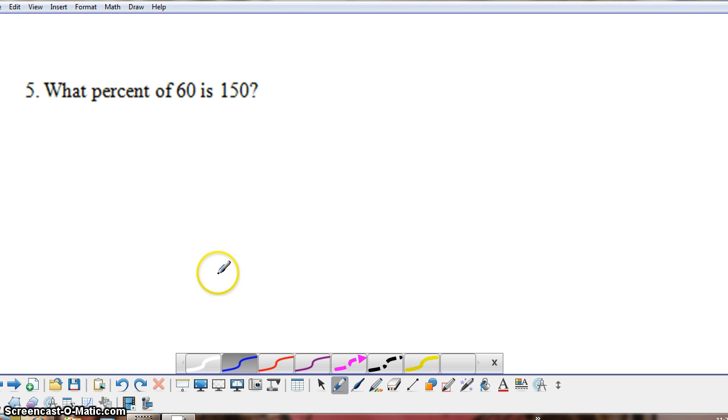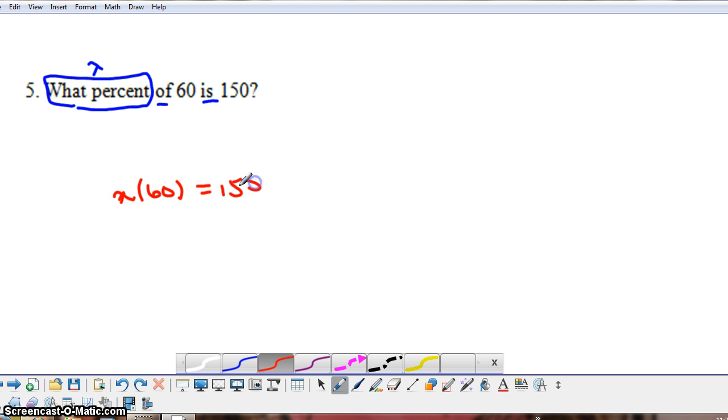Let's take a look at one other example before we take a look at some application problems. What percent of 60 is 150? Remember, "is" means equals, "of" means multiply, and the "what percent" here, I'm going to have that be x. So x times 60 is 150.